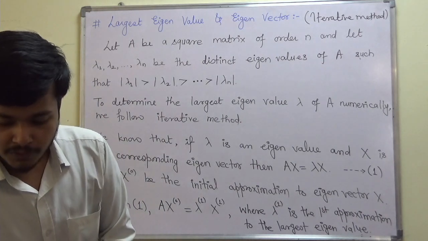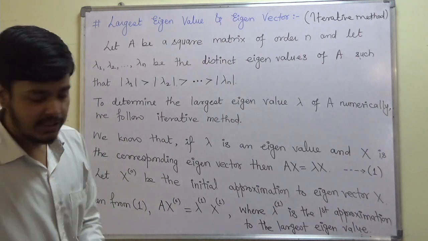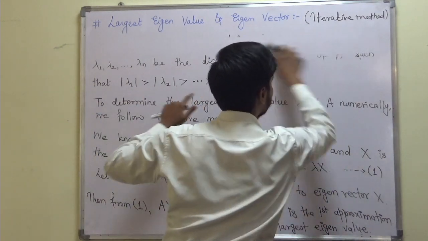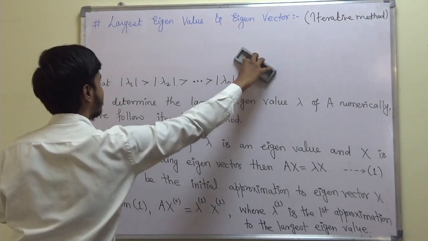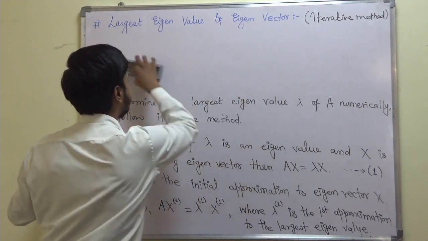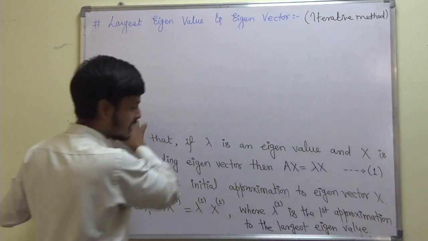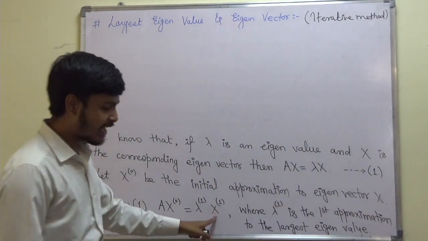Now moving forward, this is just for the first step. As this is an iterative method, this process will get repeated. In the first step, we have taken x0 as the initial approximation. Now we have x1.